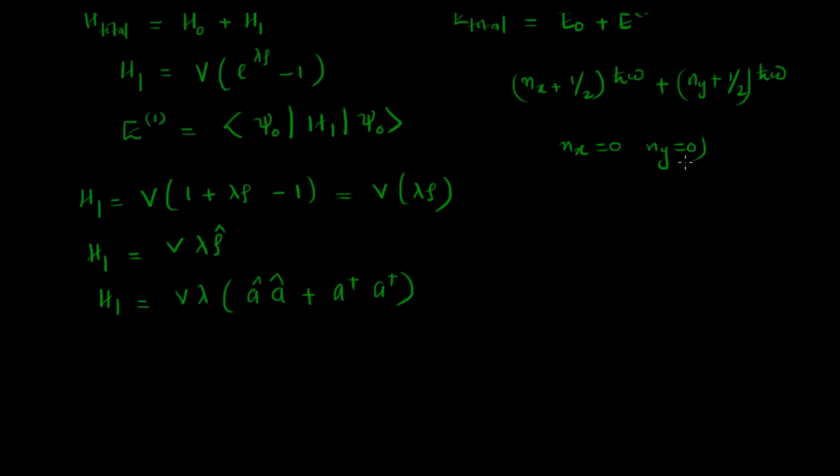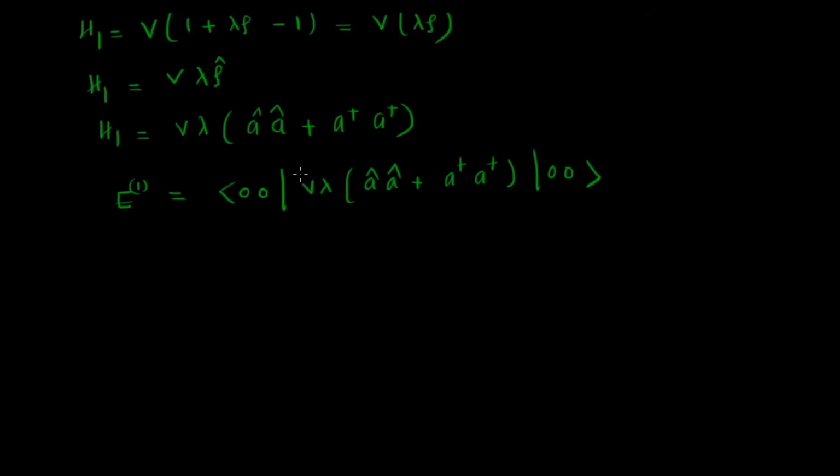So we set the initial state psi naught to be 0 0. I'm going to find the first energy correction as the bracket of 0 0, replacing H1 with V lambda times a plus a dagger, acting on 0 0.